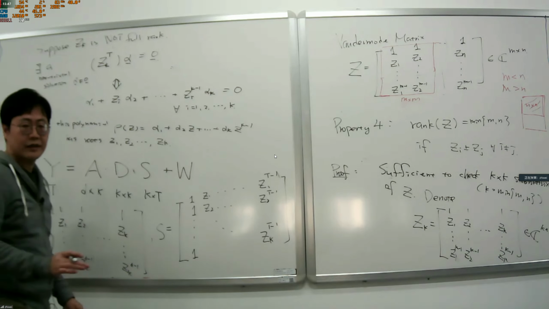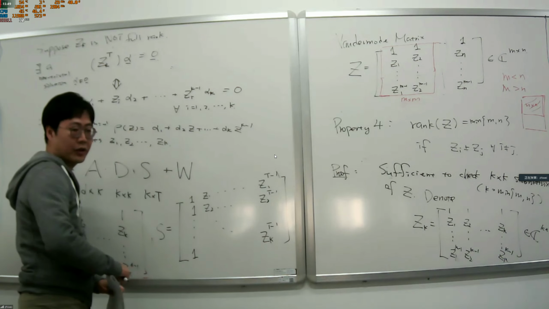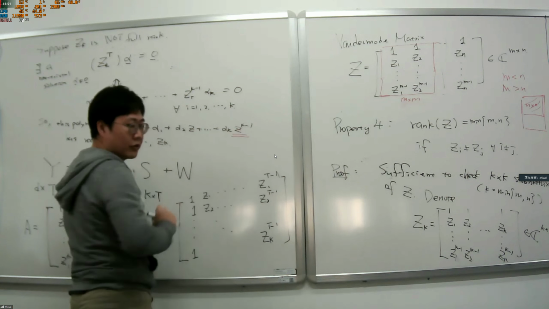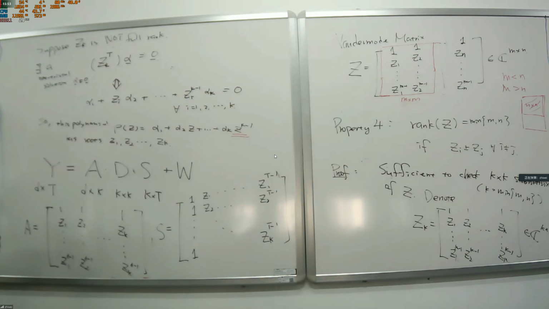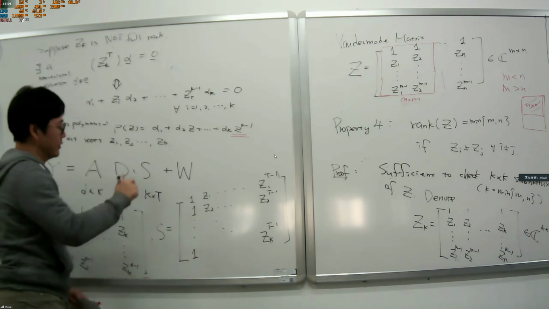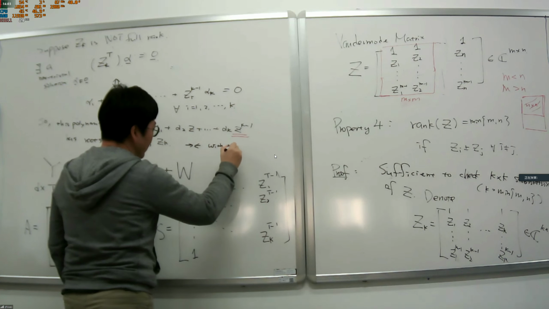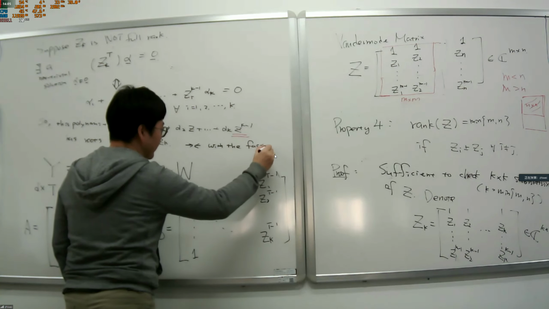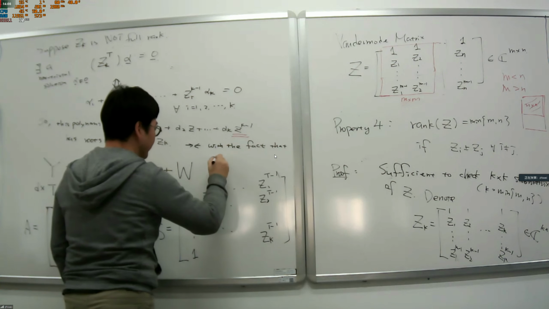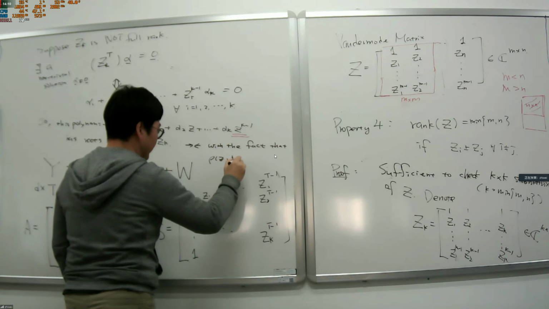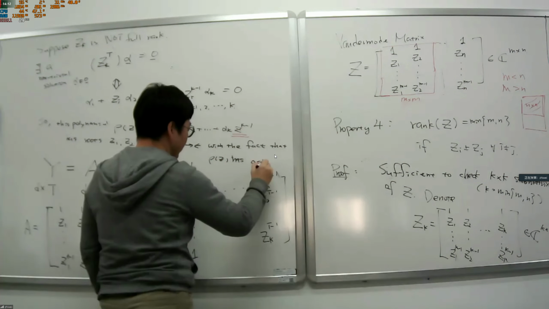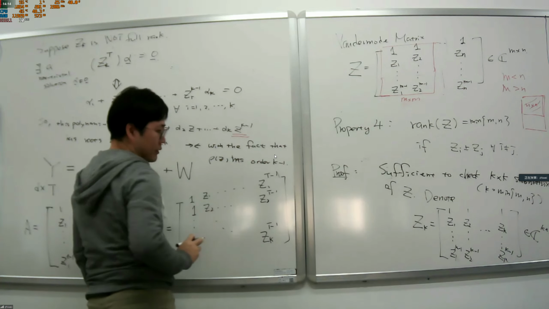But this is not right, because this polynomial has order only k minus 1. So how can we have k distinct roots? This is a contradiction with the fact that the polynomial has order k minus 1.